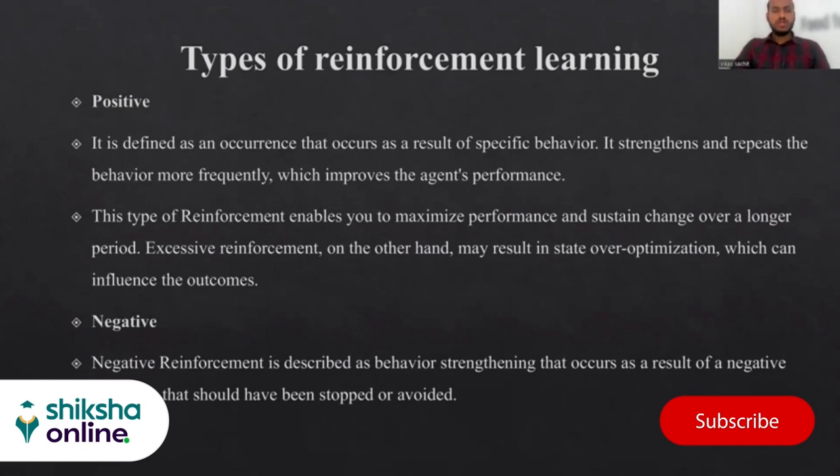And another type is negative. Negative reinforcement is described as a behavior strengthening that occurs as a result of a negative condition that should have been stopped or avoided. Means at the initial stage, for n number of steps, once it starts to show a negative result, for example minus 10 percent, if you have not stopped it, at that time the negative reinforcement learning is minus 10%.